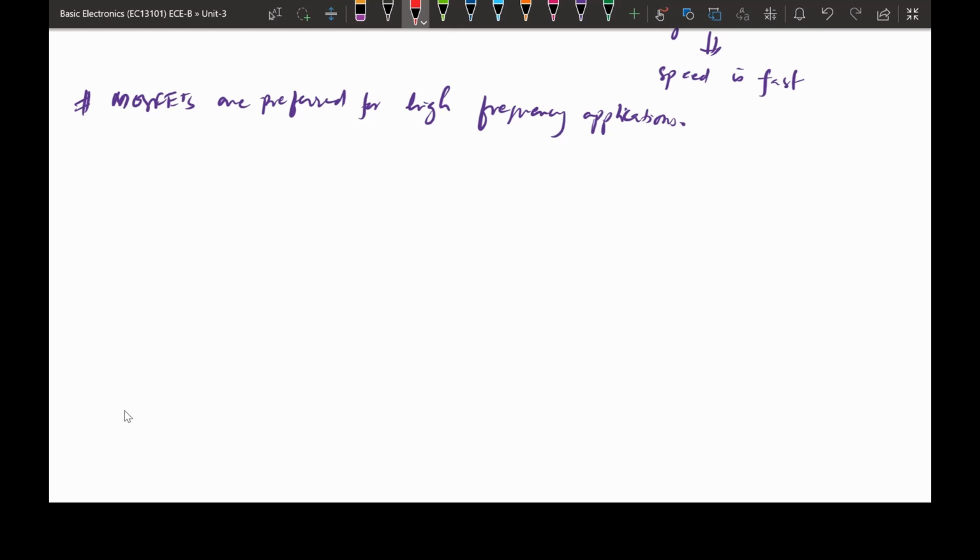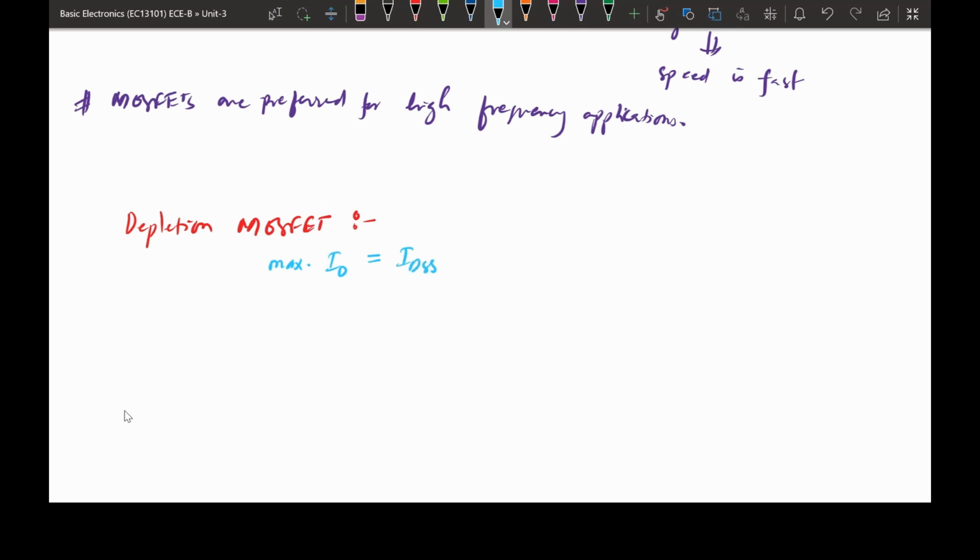Next, we will differentiate between the depletion and enhancement MOSFET. So in depletion MOSFET, this depletion MOSFET is similar to a JFET only. That means in JFET, what we have seen is that the maximum drain current that can flow was equal to IDSS.